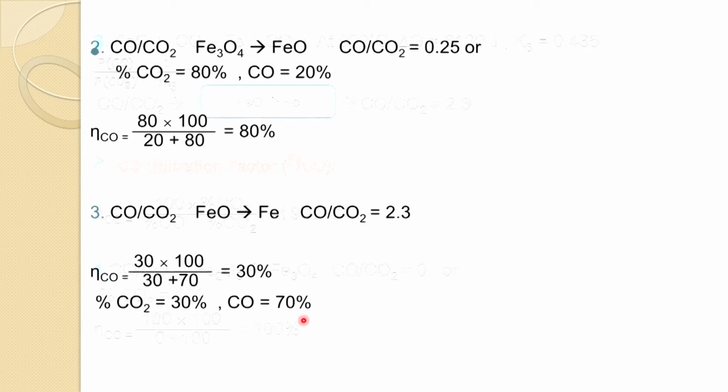For the second reaction the ratio is about 0.25, which means 20% is CO and 80% is CO2, so the utilization factor for CO is about 80% for this reaction, magnetite to wüstite. Similarly for wüstite to iron, we found the ratio 2.3, and if we put that in, this gives 30% CO2 and 70% CO needed, and the utilization factor of CO is only 30%.